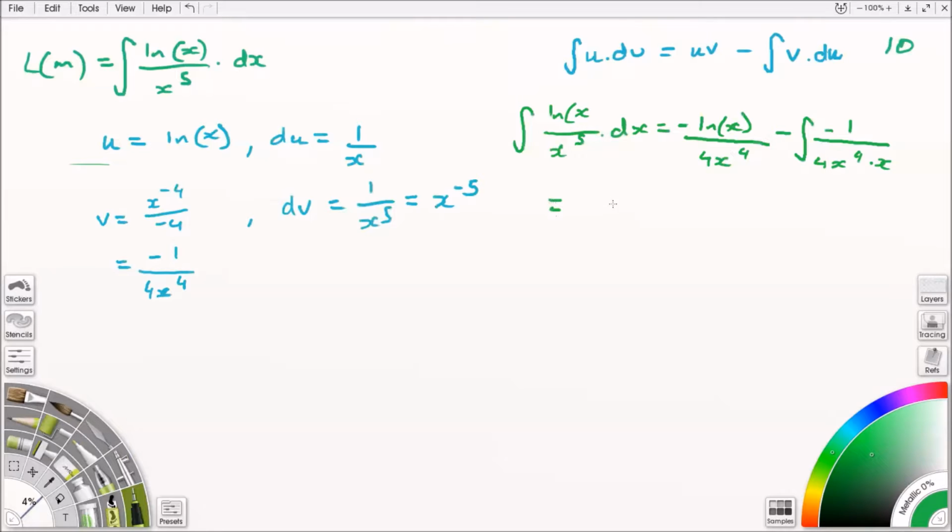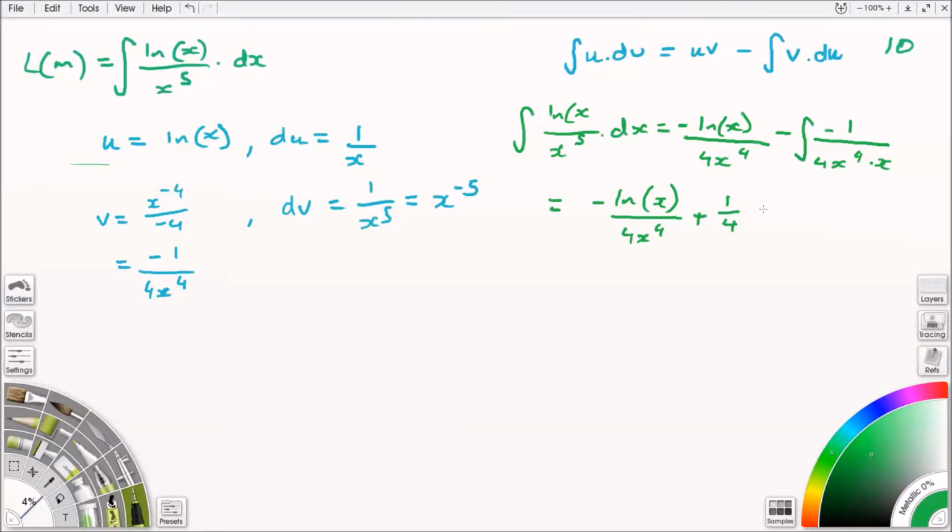All right, in order to simplify this further, we're going to do the log of x over 4x to the power 4, and in this case we'll actually turn that into a plus 1 over 4.